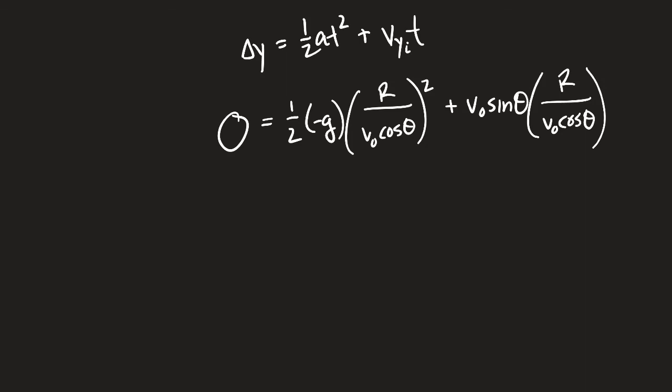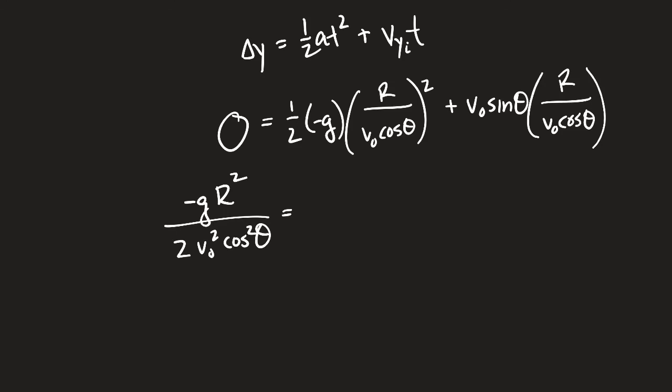First, I can move this entire term to the other side. I'd like to do that. And when I do, I get negative g r squared over 2 v naught squared cosine squared theta.